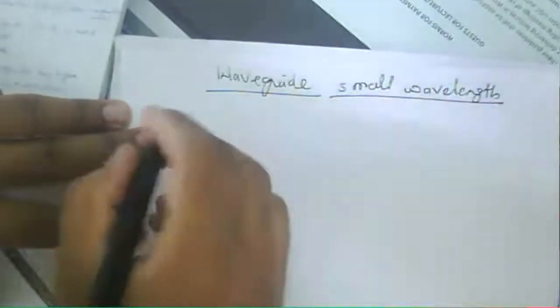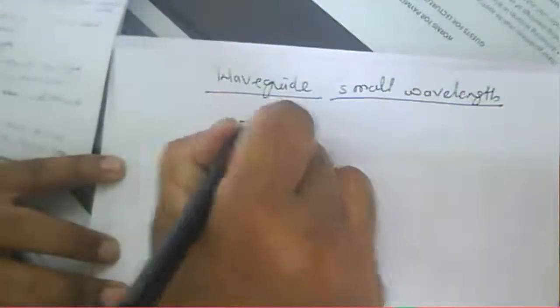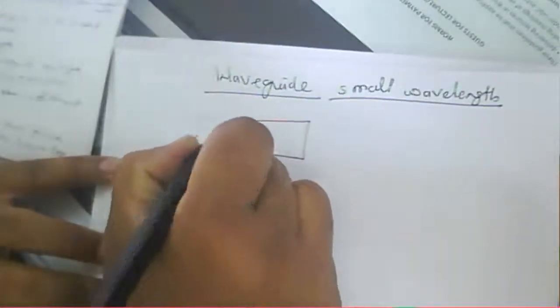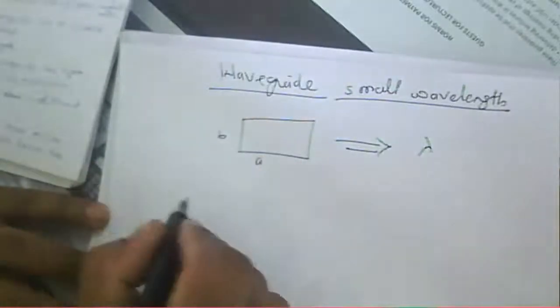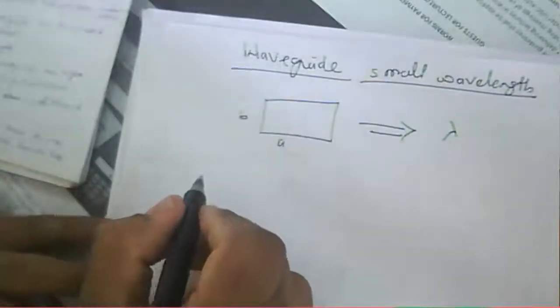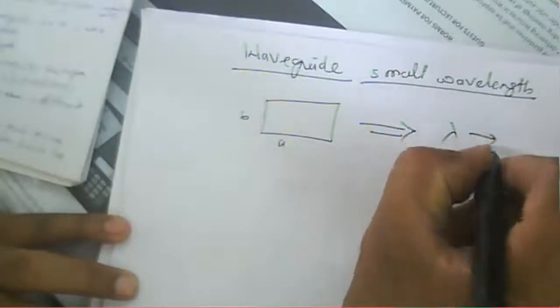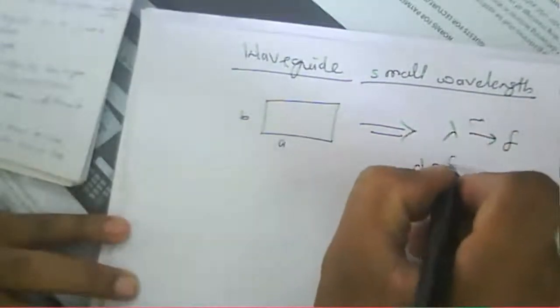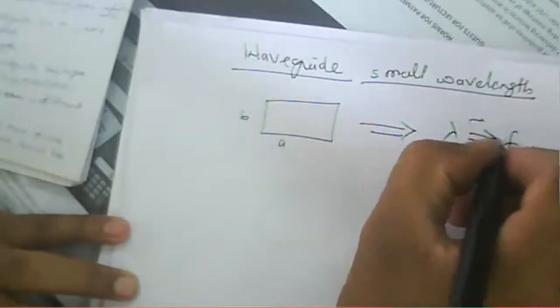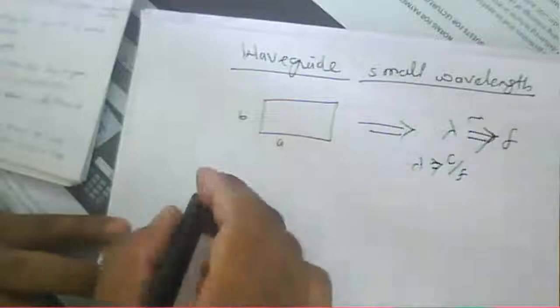Now the small wavelength is propagating, and it has the dimensions A and B. So lambda depends upon the factors A and B. Lambda relates to frequency also, because lambda is equal to c by f. So lambda depends upon the frequency also.